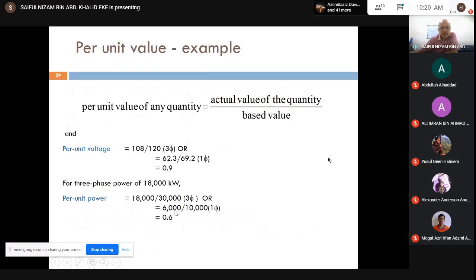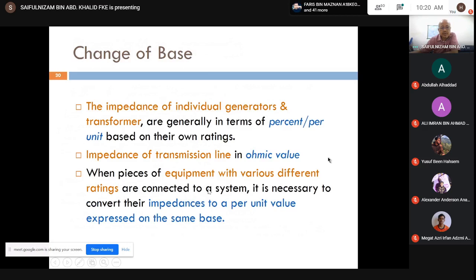Or you can use per phase basis, so you divide by 3. So P one phase, you get 6,000. This one phase, you get 10,000. We end up with the same answer, 0.6. This is the per unit power. So any question?